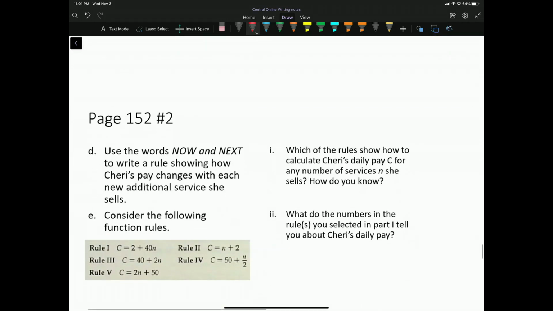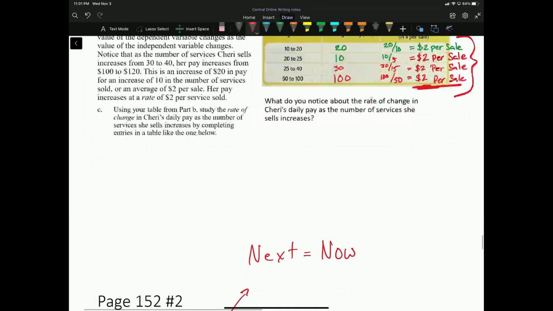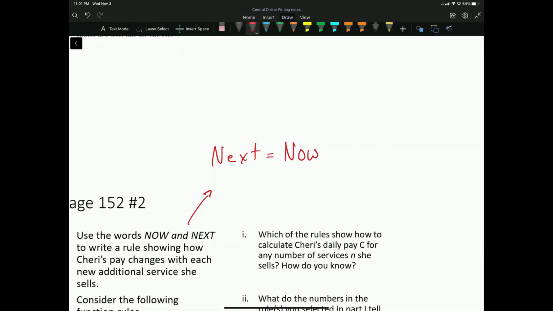All right, so we want to first start, we want to write a now-next rule. So remember, our framework for our now-next rule is going to be next equals now. All right, so how much are we increasing by? We're increasing by $2. So we're going to say now plus 2, and then we're starting at, where are we starting?